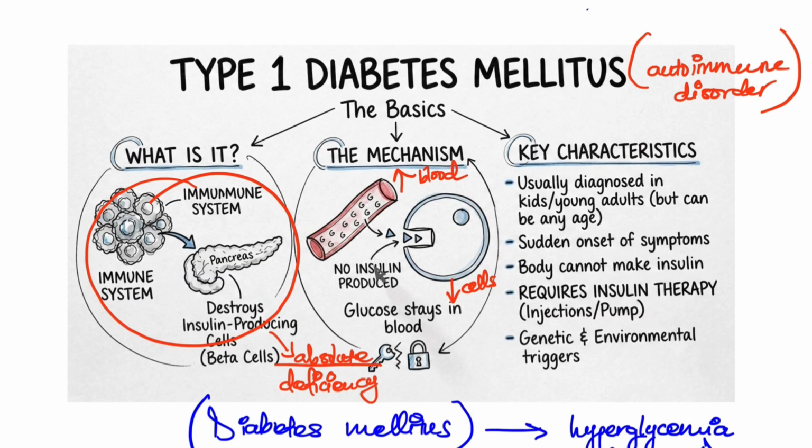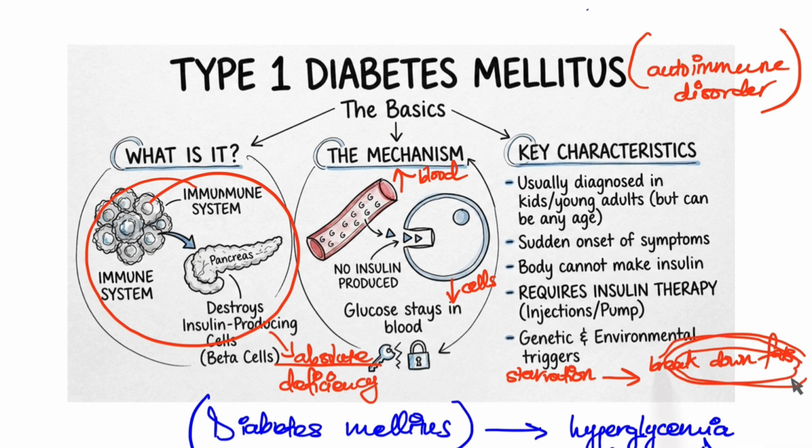Now let's look at what happens. Due to this starvation, the body tries to compensate. In this compensation, it begins to break down fats and muscle stores. The fat breakdown releases free fatty acids that are transported to the liver, where they are converted into ketone bodies.